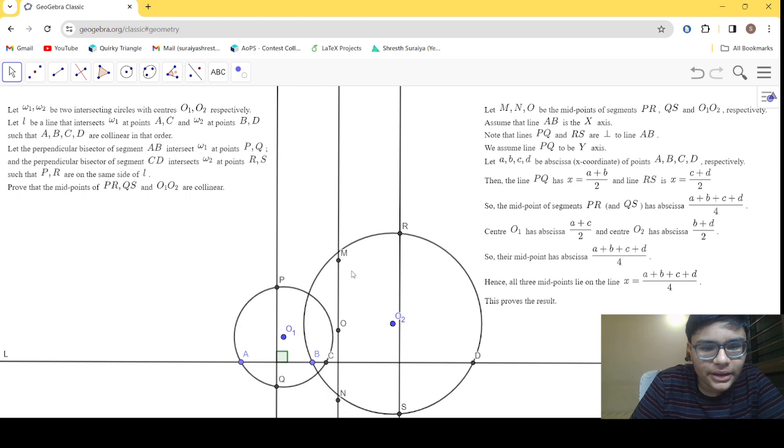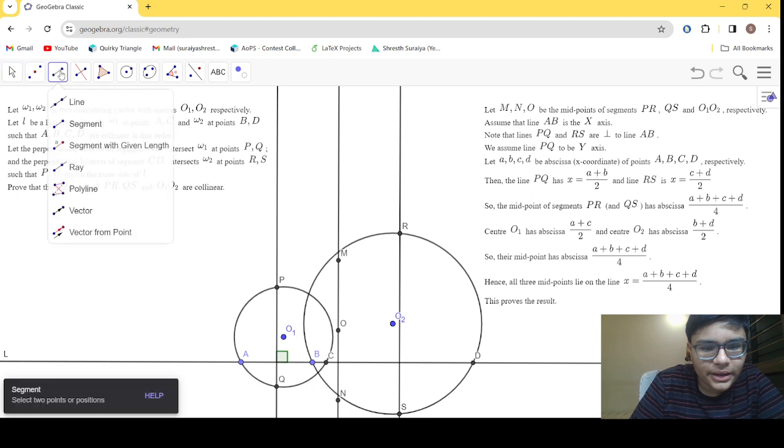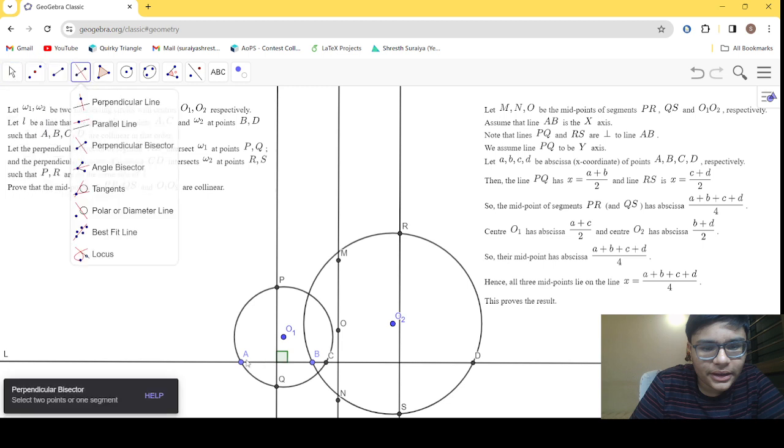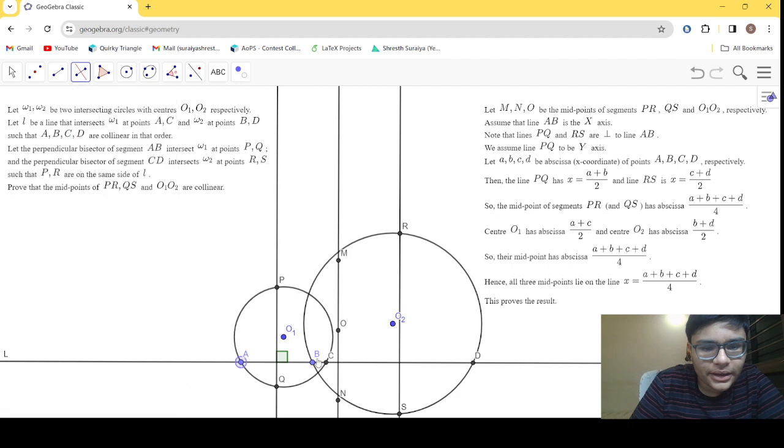O1 is of course the center of the first circle, and we know that O1A equals O1C, right? So O1 actually lies on the perpendicular bisector of AC. So I'll just show the perpendicular bisector of AC right there. There you go. Similarly, O2 lies on the perpendicular bisector of BD.